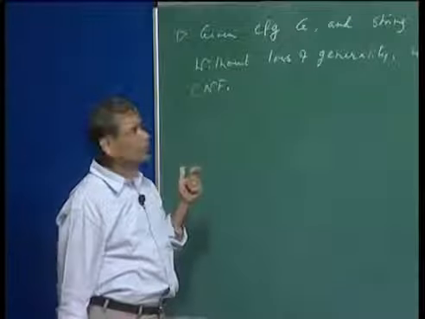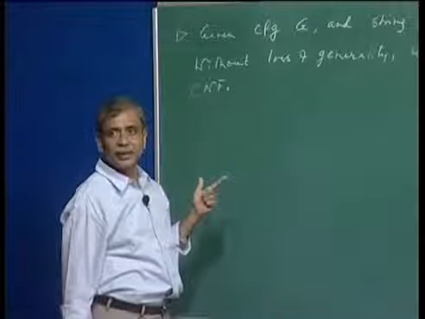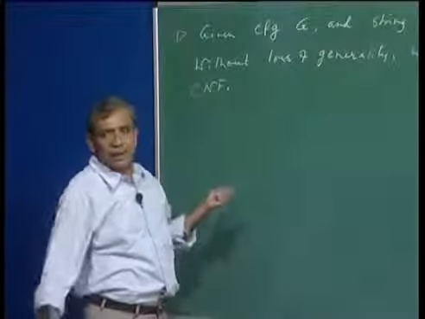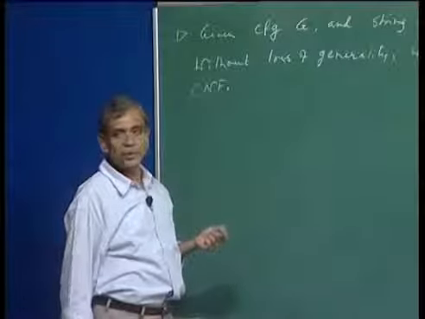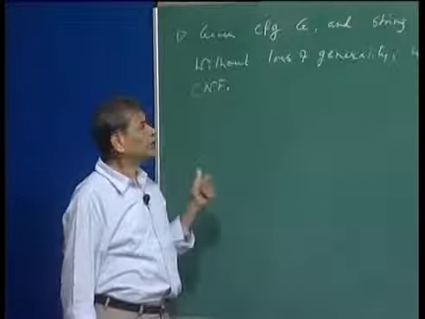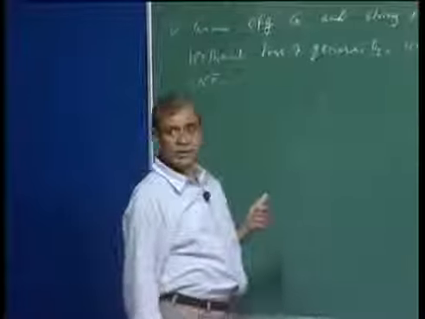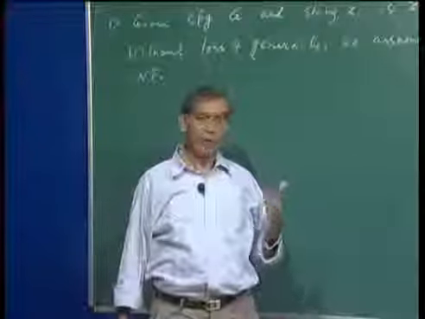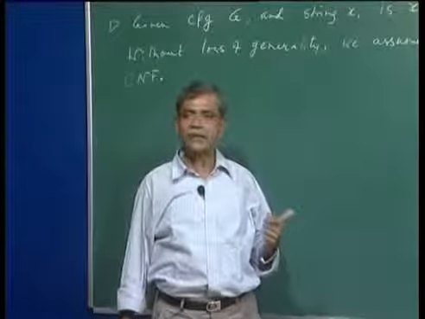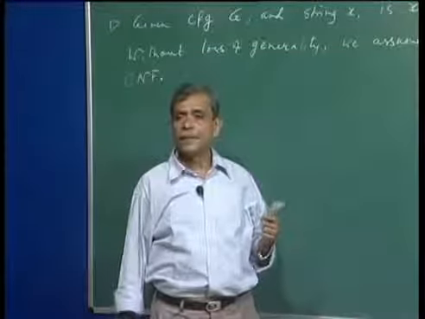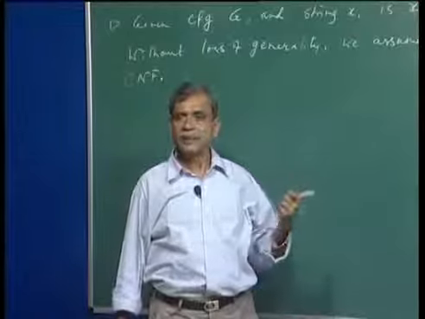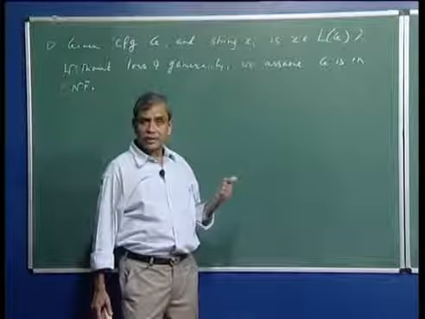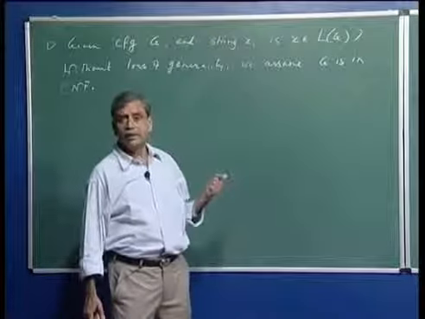So, it is not too difficult to see whether epsilon is produced by an arbitrary grammar G, because all it means, see, remember that we define the set of nullable non-terminals, which means all those non-terminals which can derive the epsilon string, and if the start symbol happens to be nullable, then of course the language will contain epsilon.